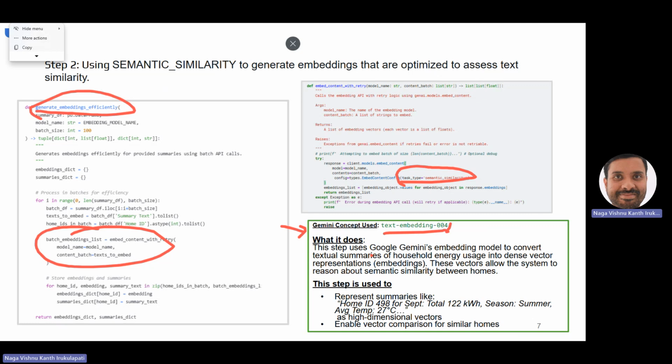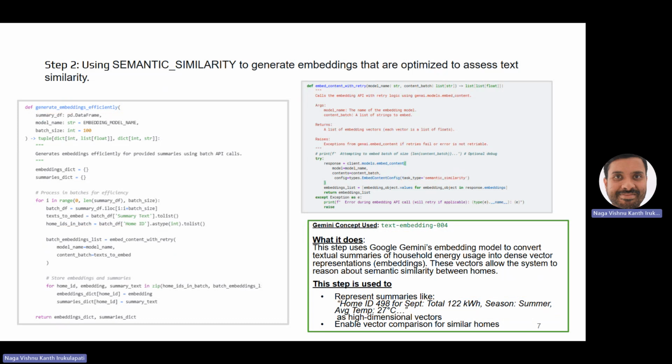What this step does is convert the textual summaries into Google Gemini's embeddings. This is really important, as I mentioned earlier. Whatever we have in the summaries, like the ones I showed you before, are converted into high dimensional vector spaces, which is the key to comparing similar homes.